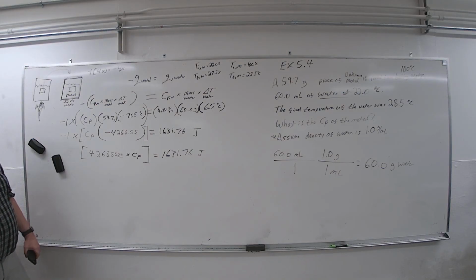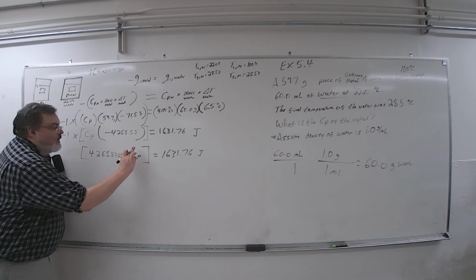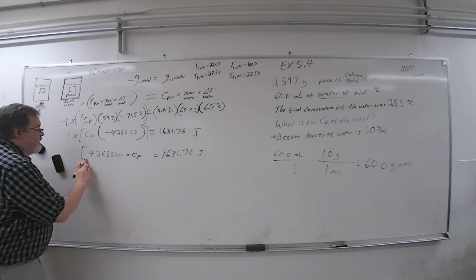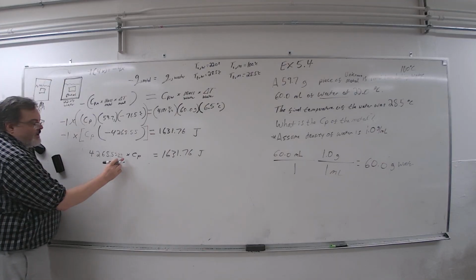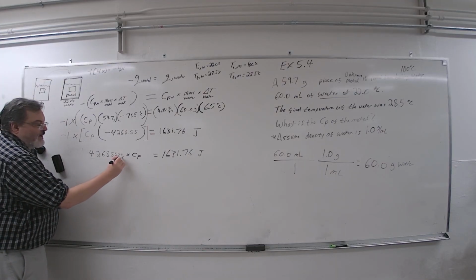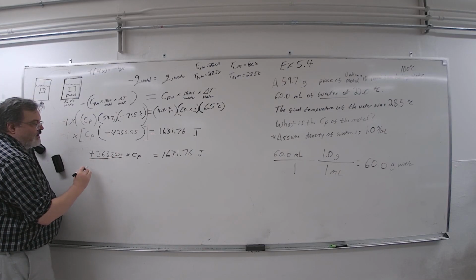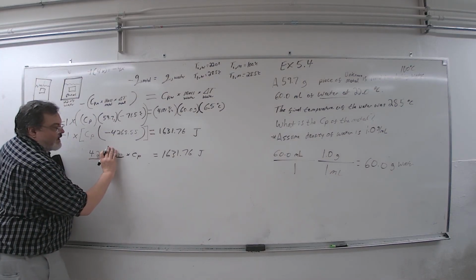Okay. What do we do now? Divide both sides by this. Now I'm going to include the units too. I'm going to divide both sides by this. So divide by this, that goes away.